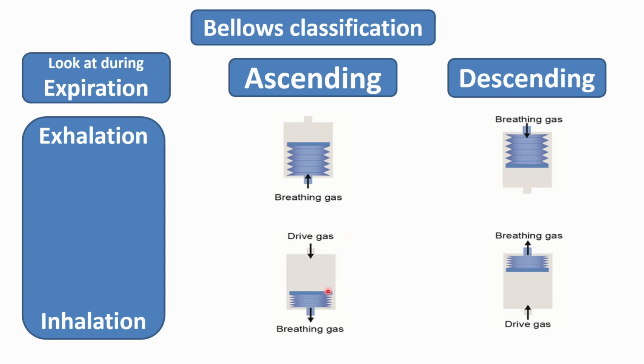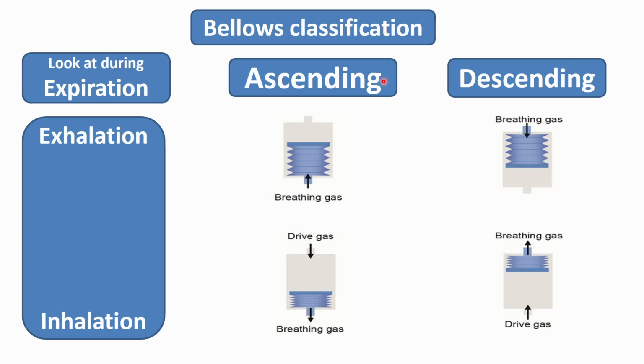In inhalation, the driving pressure will press on this pillow, so it will give the patient his inspiration volume, his tidal volume during inspiration, but the driving gas is coming from downward in the descending below.